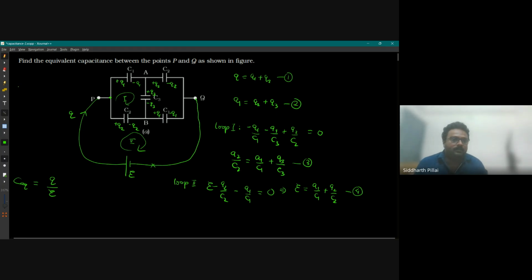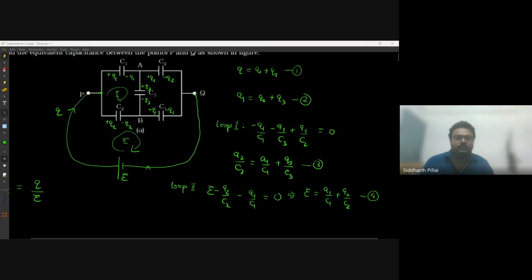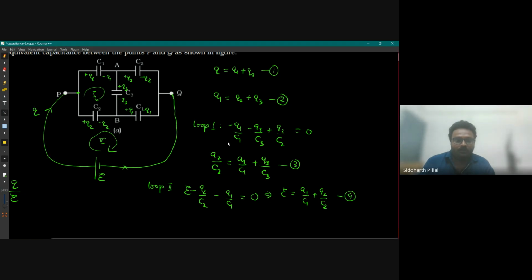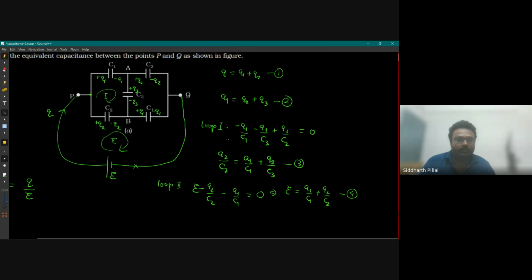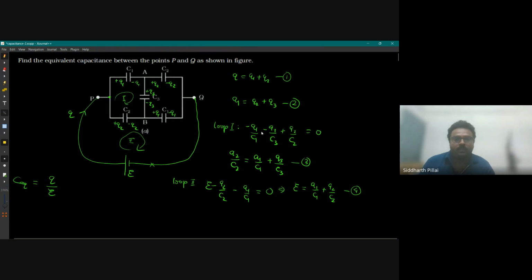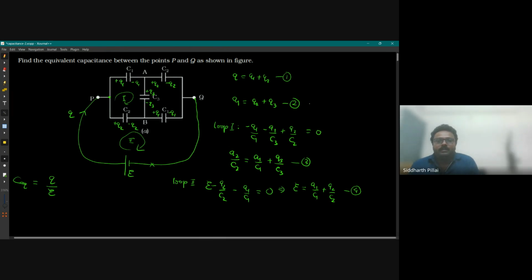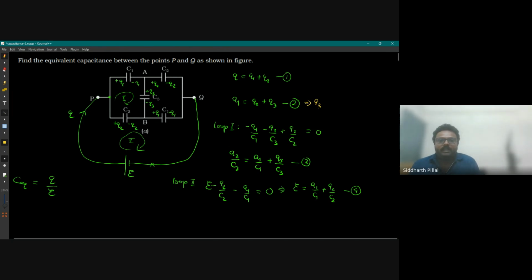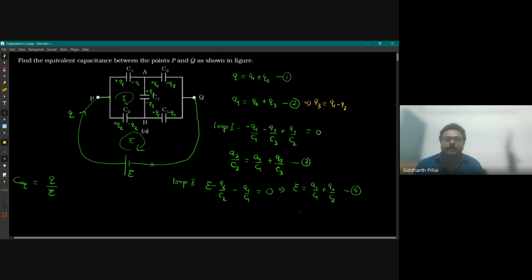So from this, I can write Q3 equals to Q1 minus Q2, okay? And I'll substitute this Q3 into the third equation.